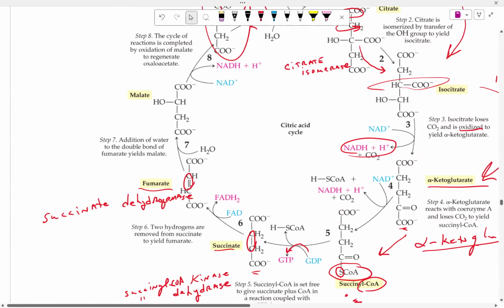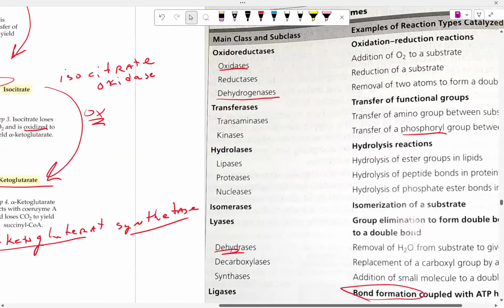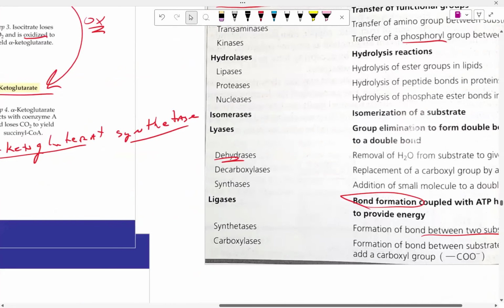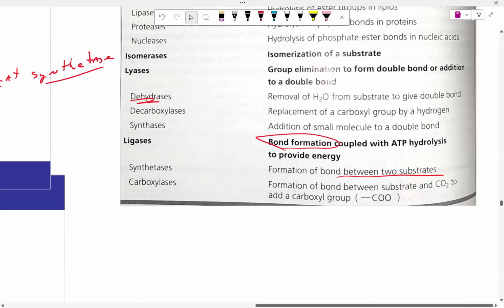So let's look at what's going on here now. So here was the old double bond, and we're adding water across it. So what enzyme would that be? This guy here. Addition of a small molecule to a double bond.